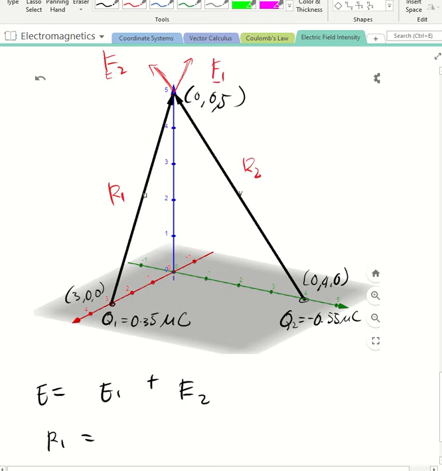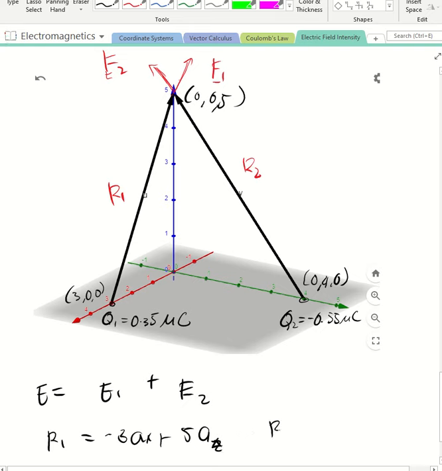So R1 will be equal to 0 minus 3. That's negative 3 ax. Then 0 minus 0, so there's no y component. Then 5 minus 0 is positive 5, so plus 5 az.